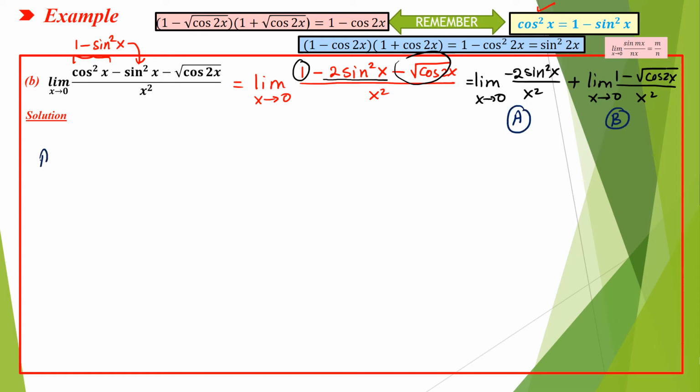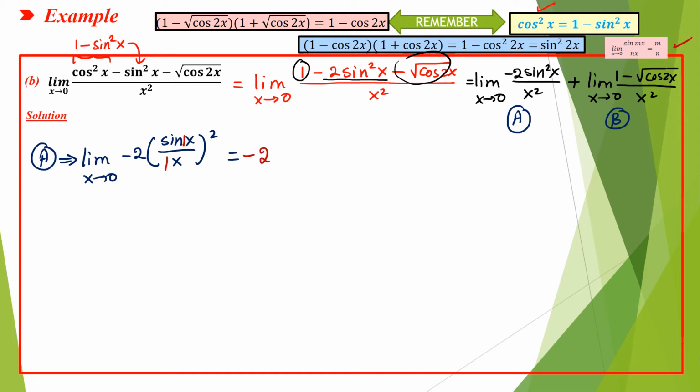So for the first limit, we have the limit of negative 2 multiplied by (sine x over x) squared when x goes to 0. And as you know, the limit of sine mx over nx equals m over n. Here we have 1 over 1.